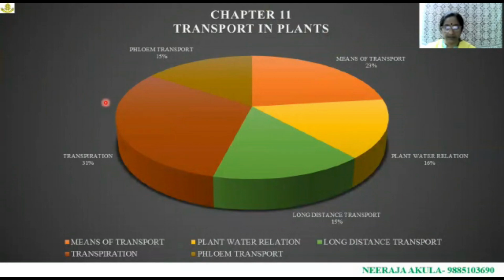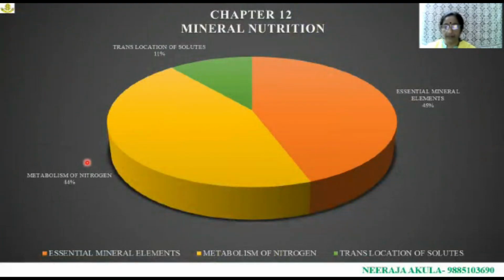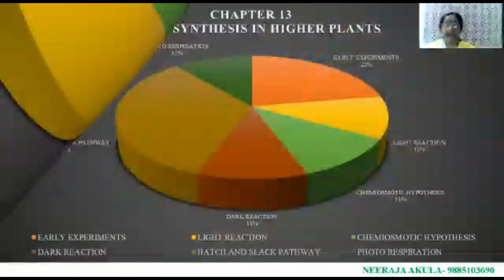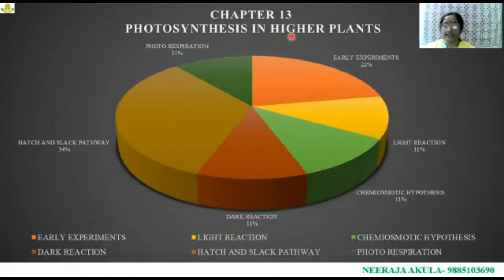Chapter 11, Transport in Plants. Maximum number of bits came from the transpiration area. Chapter 12, Mineral Nutrition. Maximum number of bits came from essential mineral elements, and then almost the same percentage of bits came from these 2 areas. Chapter 13, Photosynthesis in higher plants.